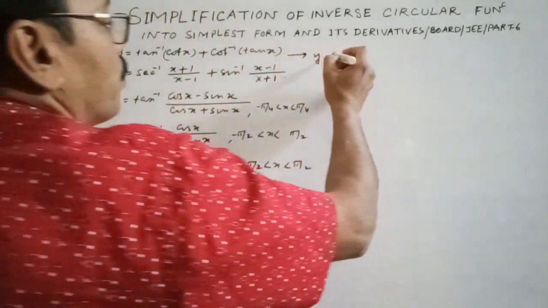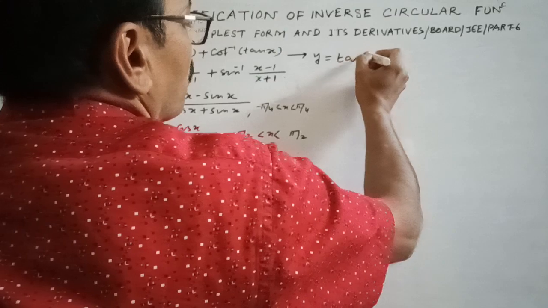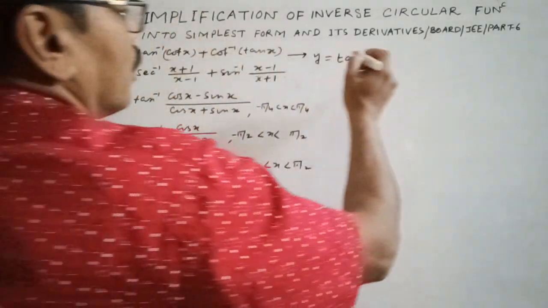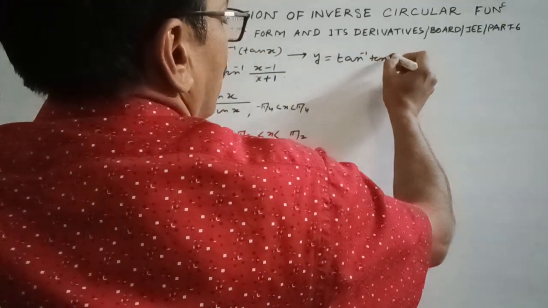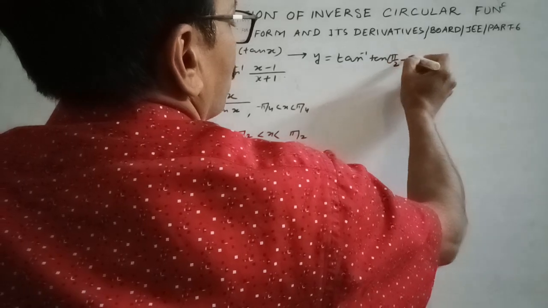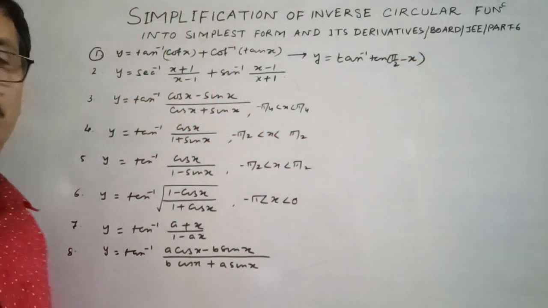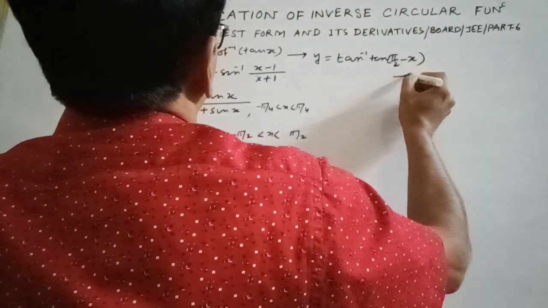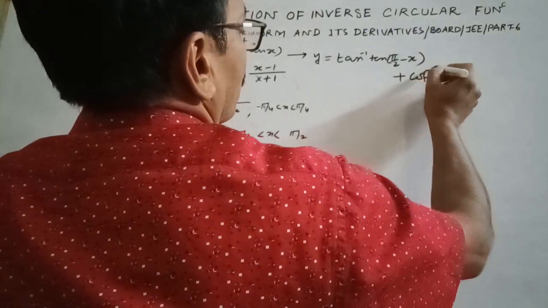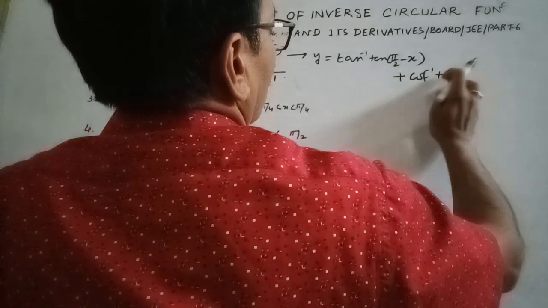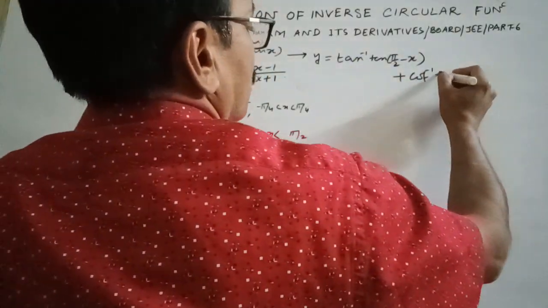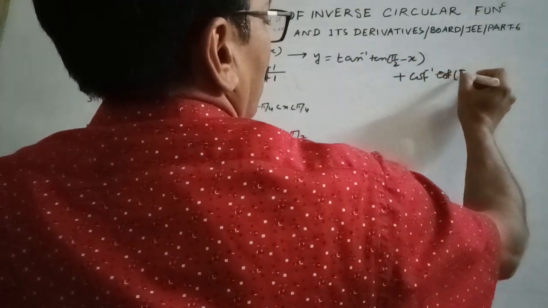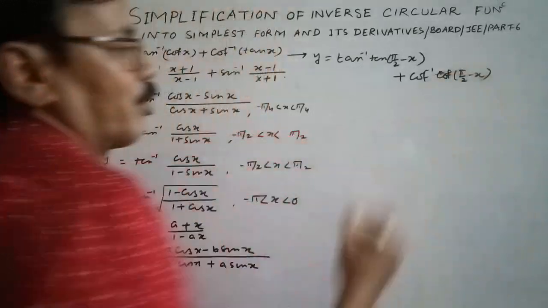So it is very simple, you know, from your idea of class 10, cot x in terms of tan is tan pi by 2 minus x, plus cot inverse tan x, this is cot pi by 2 minus x.